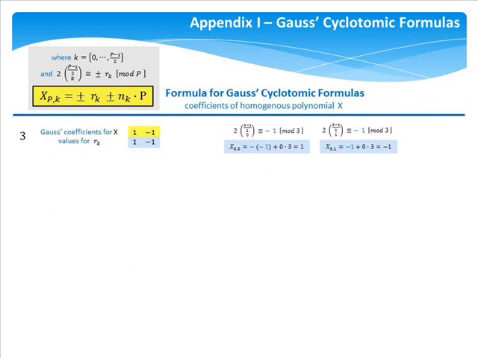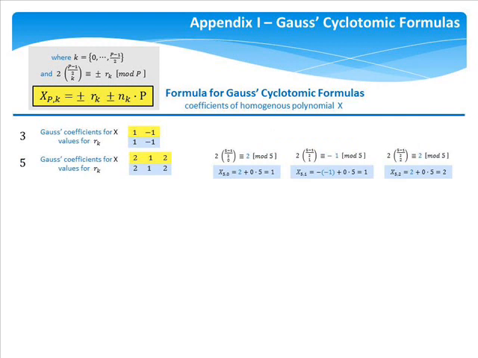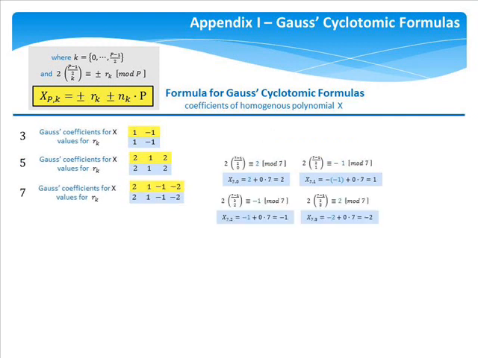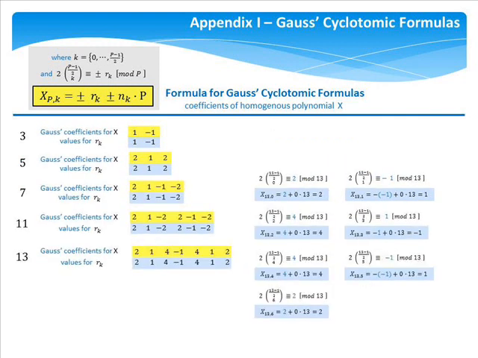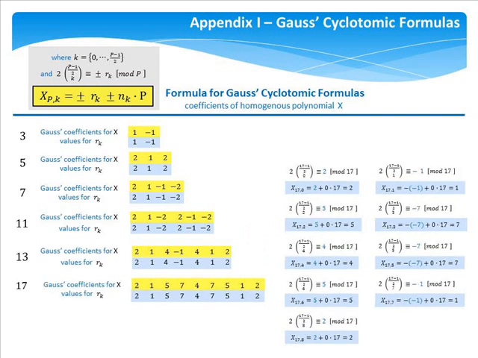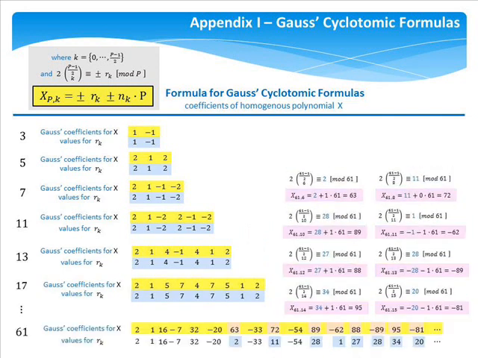Let's see the first few cases for primes 3, 5, 7, 11, 13, 17. But for primes bigger than 41, n sub k is bigger than 1. Let's illustrate how the formula works for prime 61.